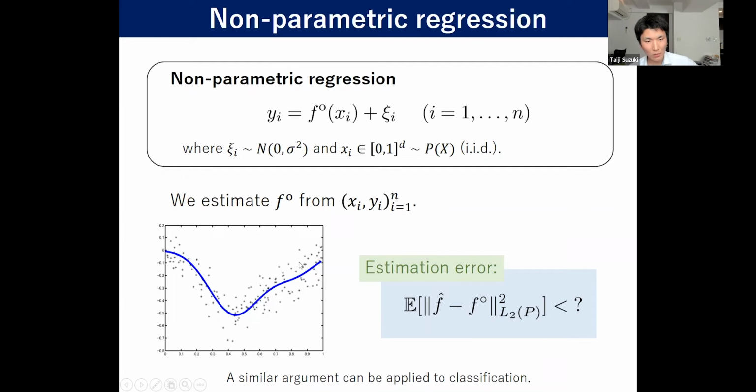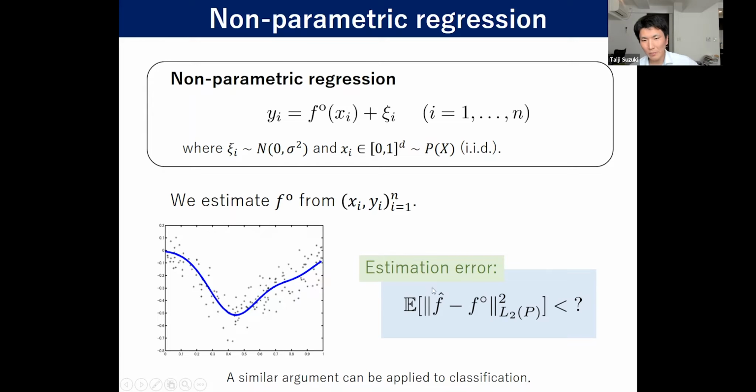The situation can be depicted like this. The black dots are the training data points. From those data points, we want to estimate this blue line. The blue line is the true function, so this cannot be seen in the training phase. We can only see these black points, and from them we want to estimate this blue line as accurately as possible.